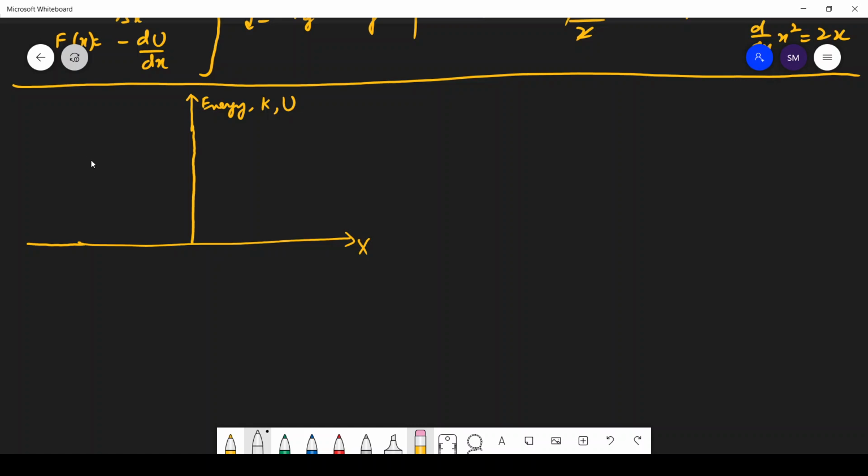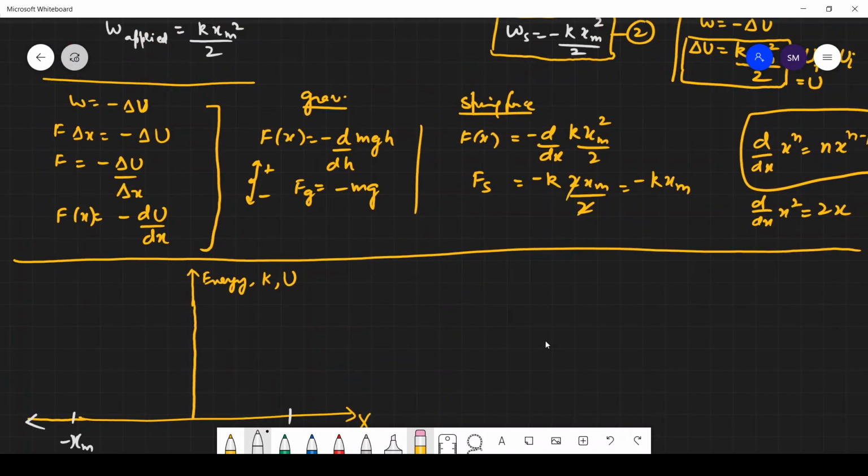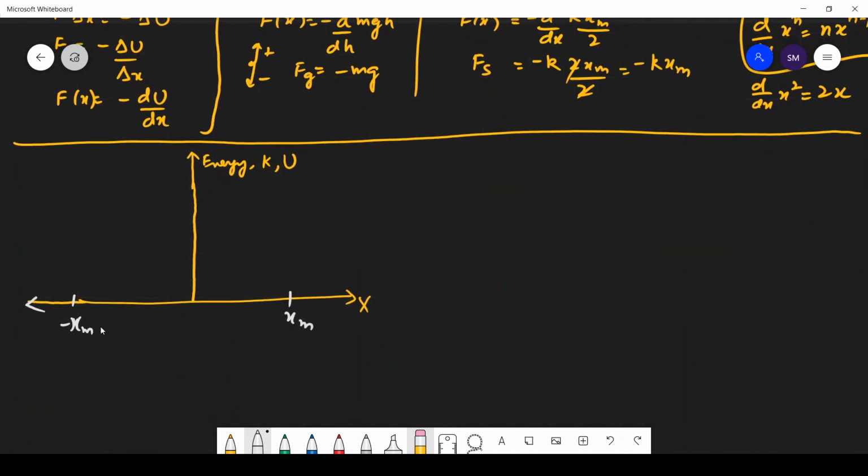So students, this is the graph I am drawing for how the energies vary along with the position x. You know what the position x is from the mean position, this displacement. This displacement was xm and minus xm in both the directions, right? Remember, when the spring was stretched it was xm, and when the spring was compressed it was minus xm. And this is 0, the equilibrium position.